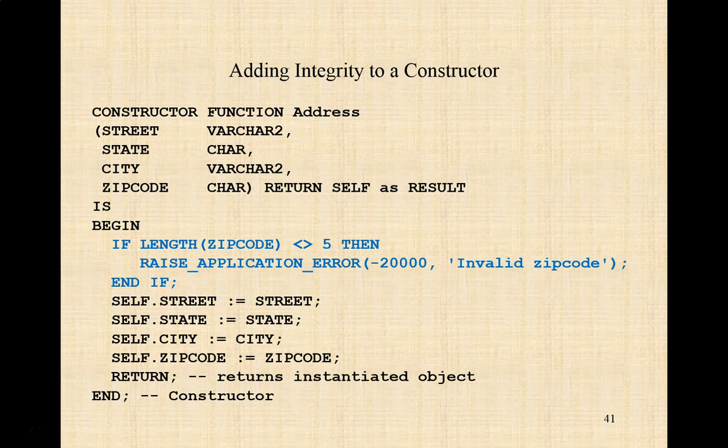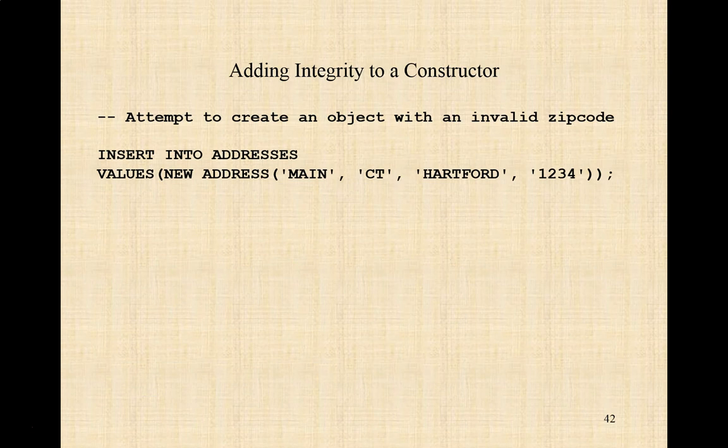Remember that when you use declarative or procedural integrity, it's tied to a particular table. However, we can combine these techniques. In addition to enforcing integrity within the constructor when the object is instantiated, we can also use declarative or procedural integrity in combination with that for stored or persistent objects.